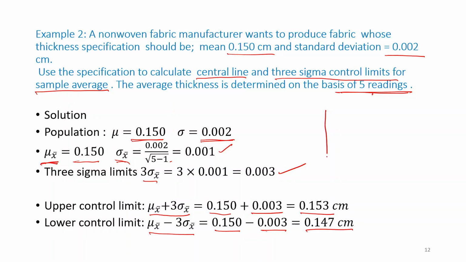So if I draw this line, this is my mu x bar, which is 0.150. And now I have here 0.153 and here 0.147.